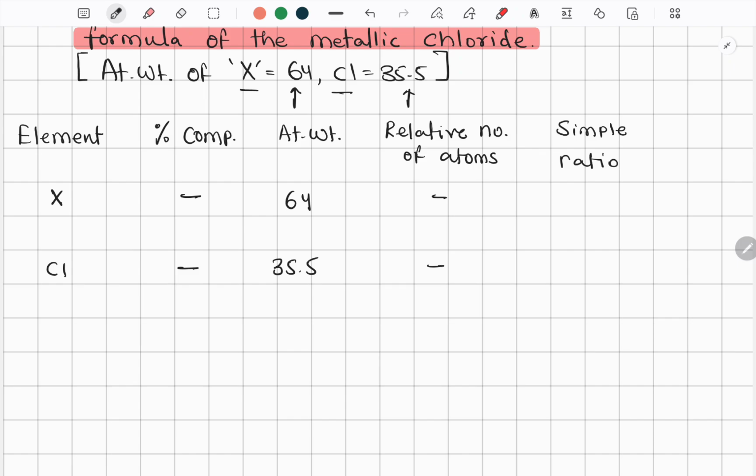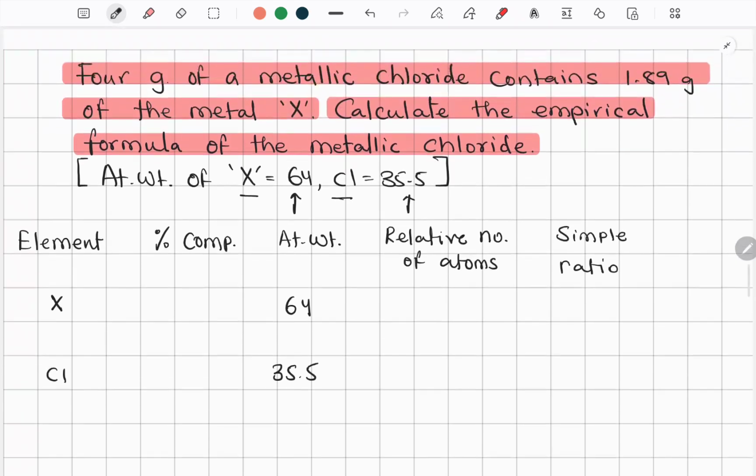Now, to go further, we need the percentage composition, so how can we calculate it?